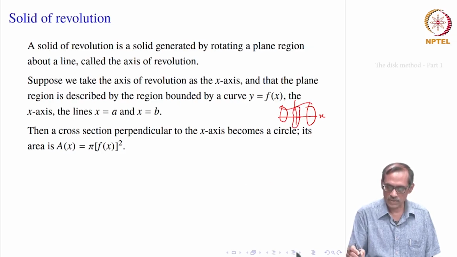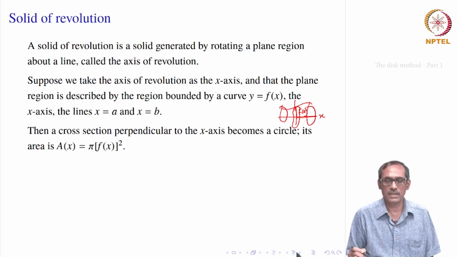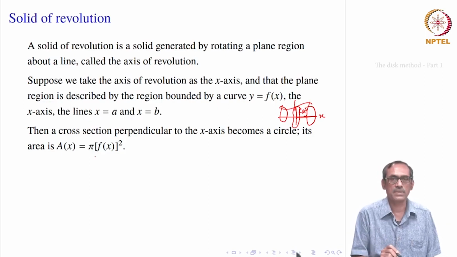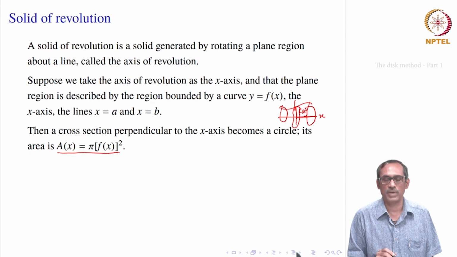Since it is at x, this height is y, or f of x, the radius of the circle which is generated here. It will have radius f of x. Therefore, its area will be pi times f of x squared. So, the cross sectional area at x is pi times f of x squared.